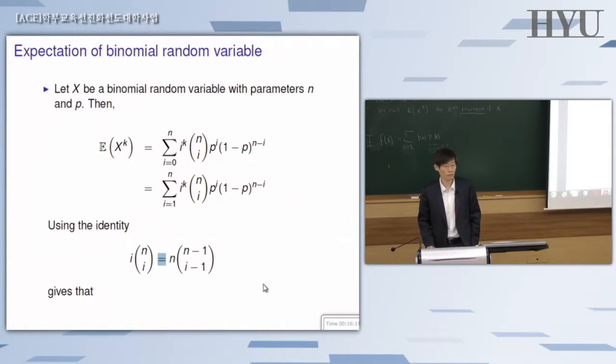Where did we get this identity? How do you know that these two things are the same? So n choose i times i is one thing, and n minus 1 choose i minus 1 times n is different. If I ask you to verify, how do you do it?